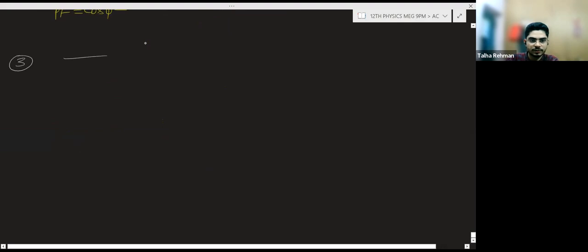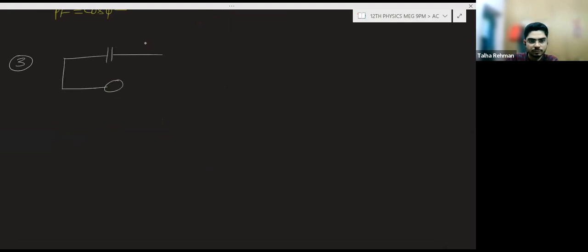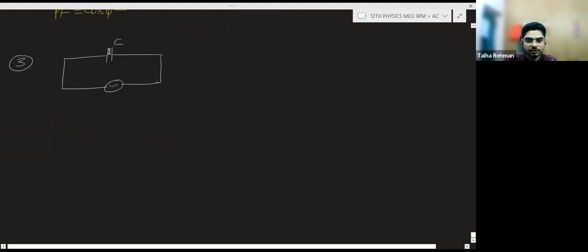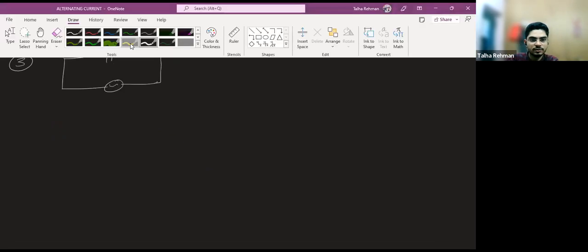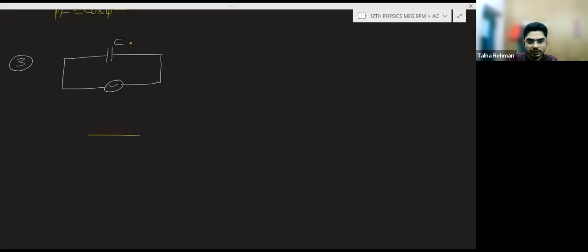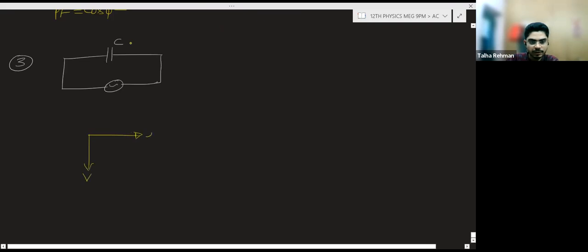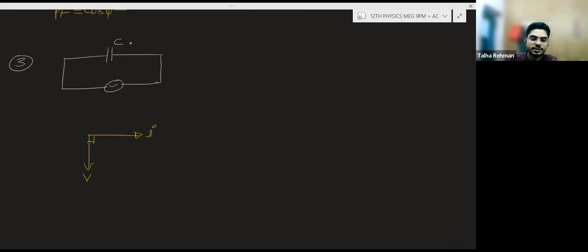Number third, pure capacitive circuit. This is a capacitor connected with an AC source. This is the only capacitor connected here. So in the case of the capacitor, the current leads the voltage by pi by 2.